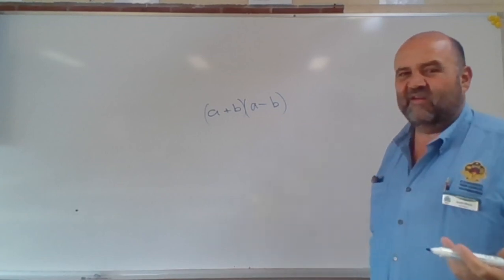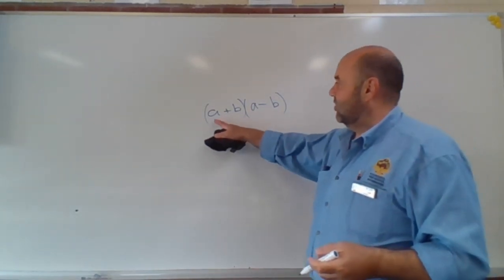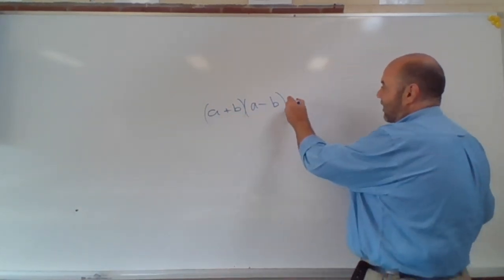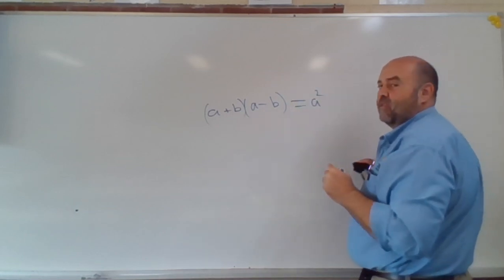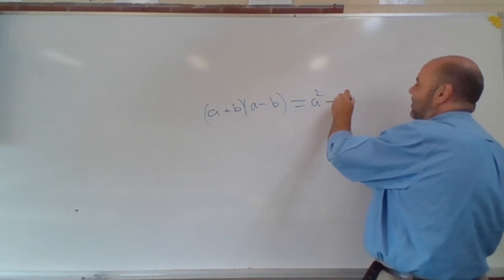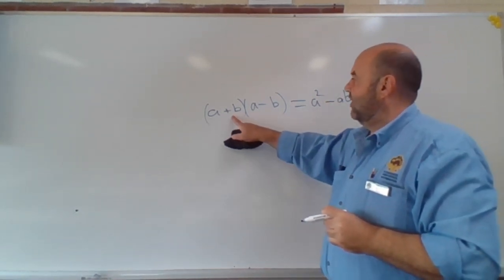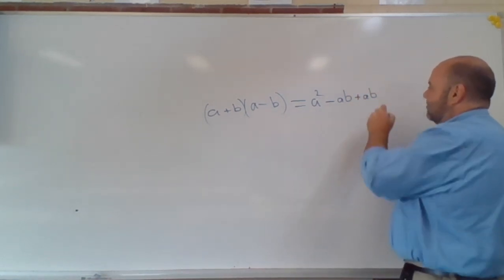Right? What happens then? Well, let's expand this and see what happens. This guy shakes hands here and that guy shakes hands there. A times A gives me A squared. A times negative B gives me negative AB. B times A gives me a positive AB.